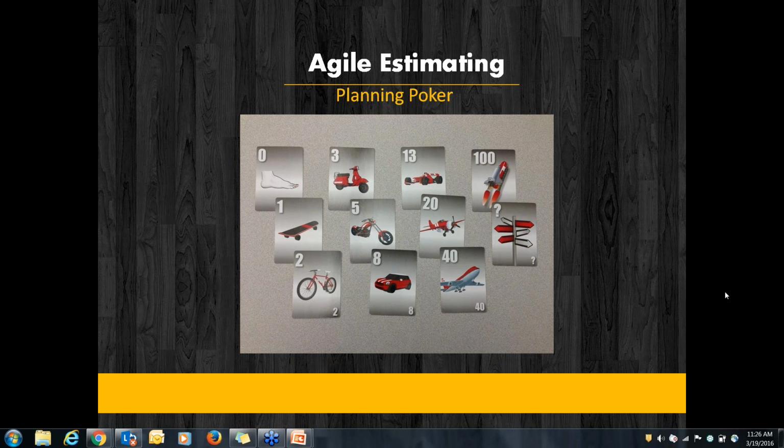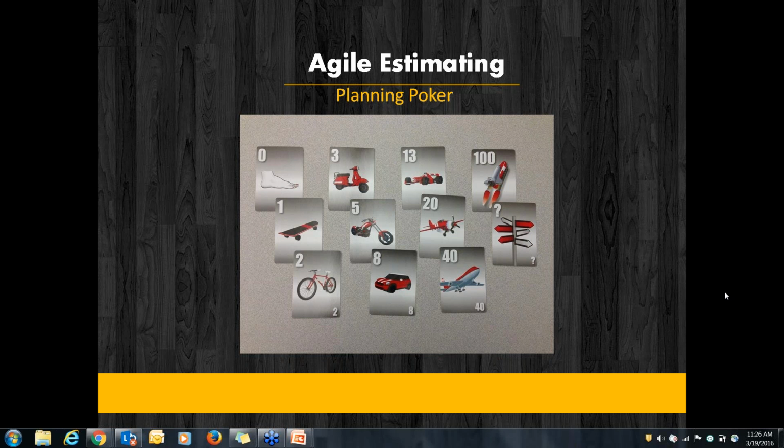If you see here, this is a set of decks, the cards, which has the number of story points. It starts from 0, 1, 2. It's the Fibonacci series, as I mentioned in my earlier slides. So 0 is when you think that particular requirement does not require any effort at all. It is just a cakewalk.